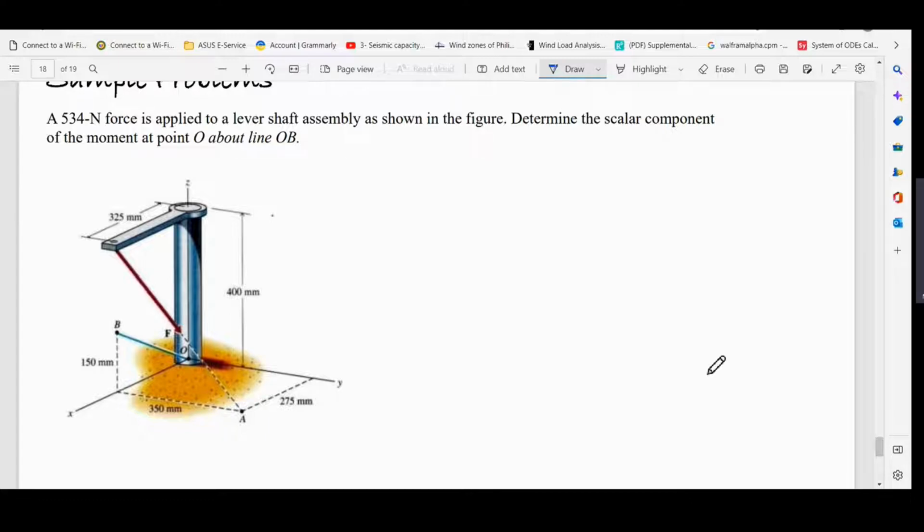A 534 Newton force is applied to a lever shaft assembly as shown in the figure. Determine the scalar component of the moment at point O about line OB. Kukunin daw natin yung moment at point O about line OB. So, this is now the application of the scalar triple product. Okay, bakit?